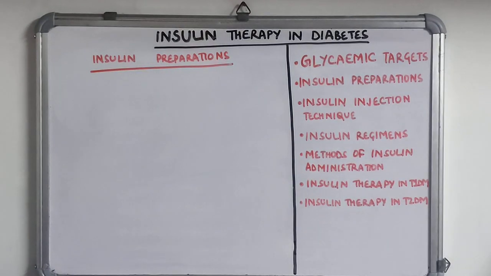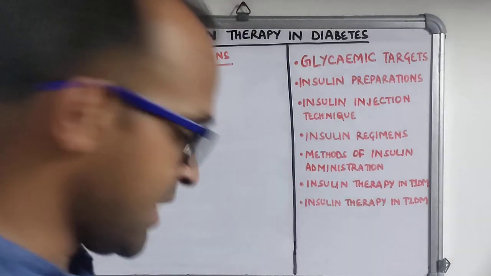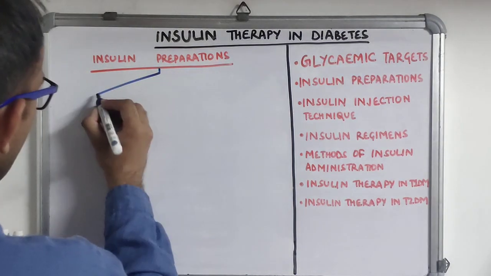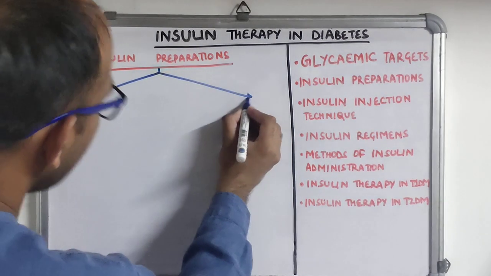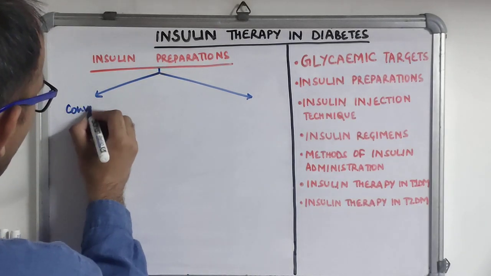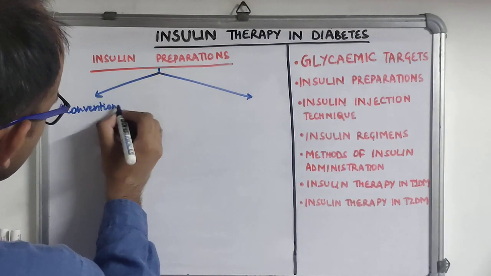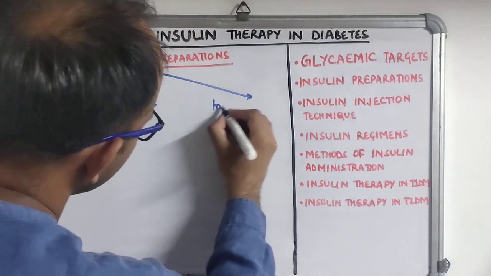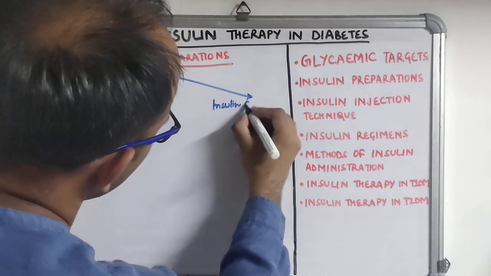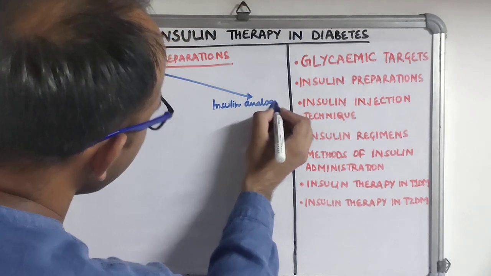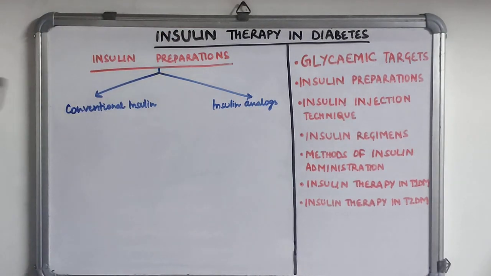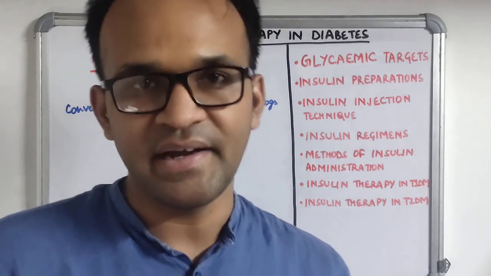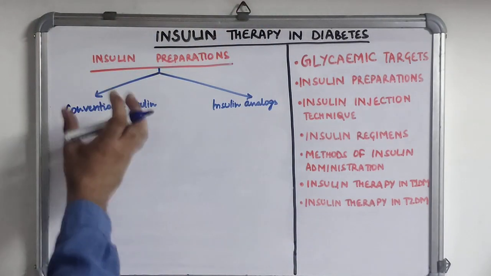So now we will talk about the different insulin preparations. We broadly classify them into conventional insulin and insulin analogs. Conventional insulins are basically human insulin formed by recombinant DNA technology. So they are recombinant human insulin.